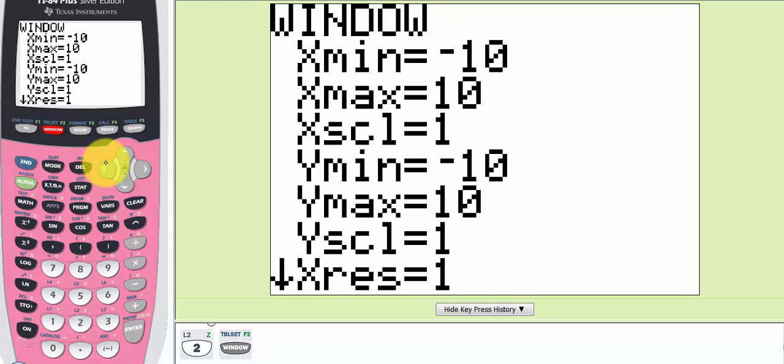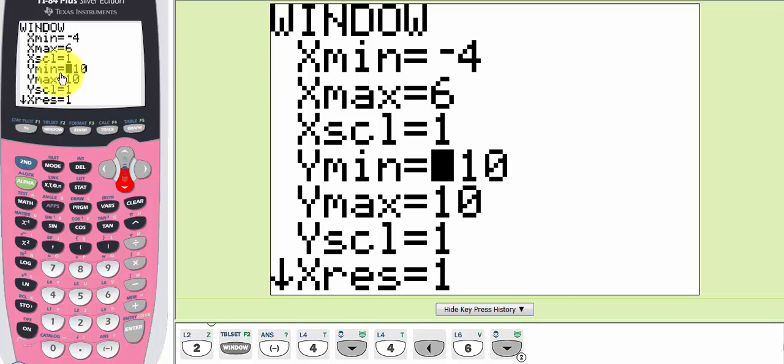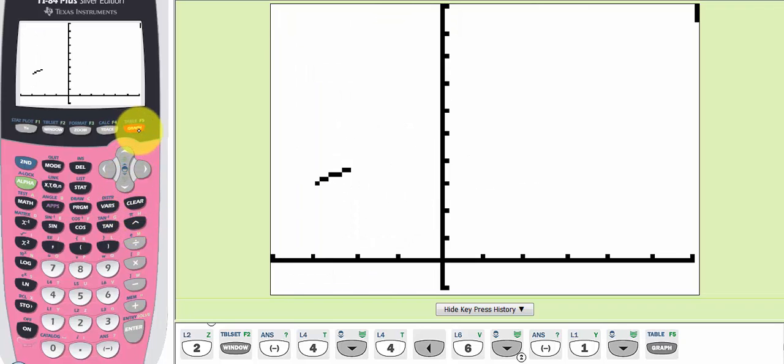We said we didn't want anything below negative 3, so I'm going to take negative 4 for my x min. I'm going to take 4 for my x max. No, sorry, it's above 5, so I'm going to take 6. Then y min: this is a sum of two square roots, therefore it's non-negative, so I'm going to take negative 1. Y max, I don't know how large it's going to be, so let me see.